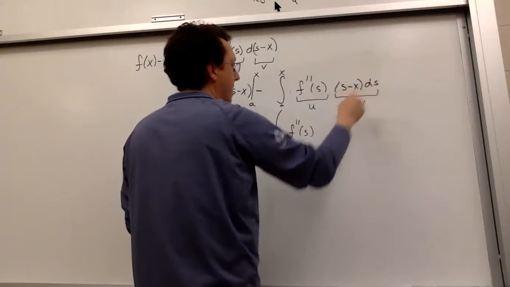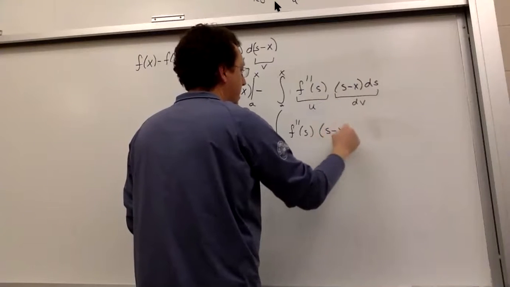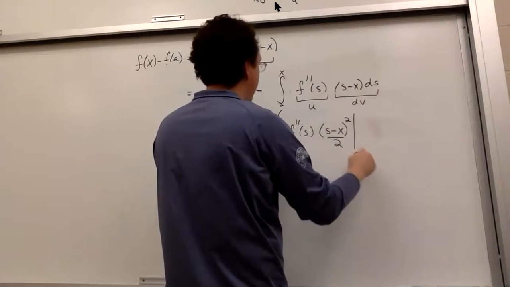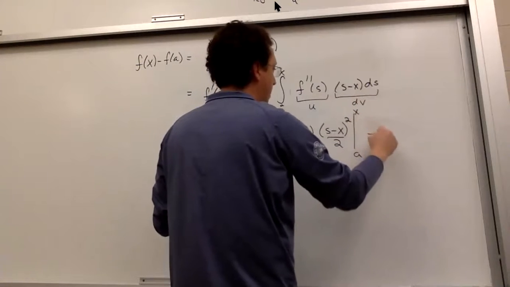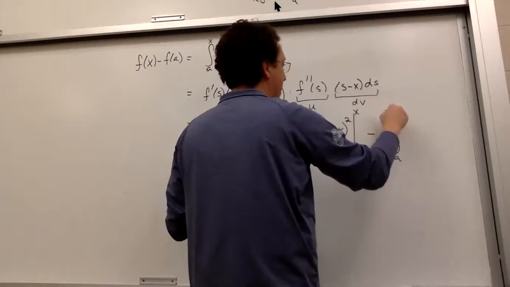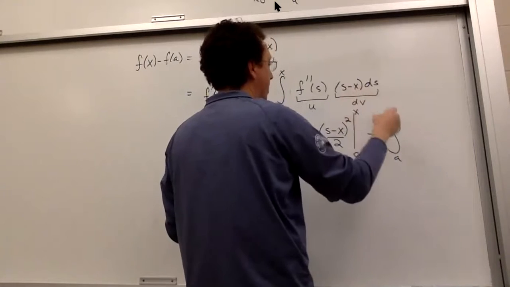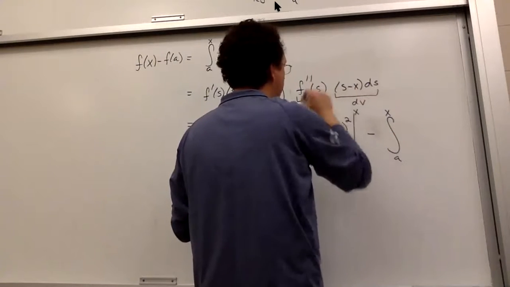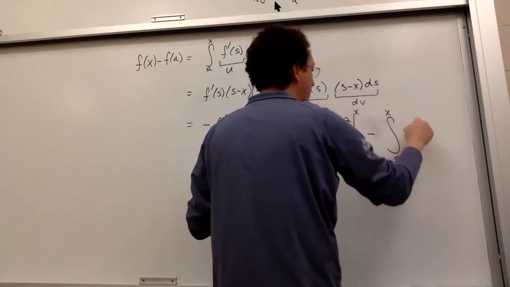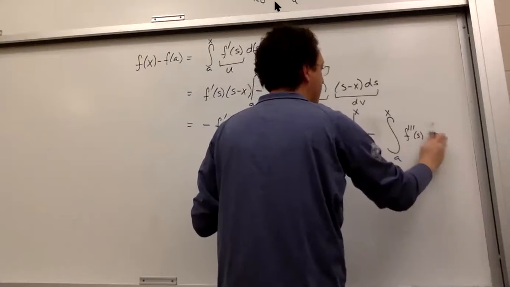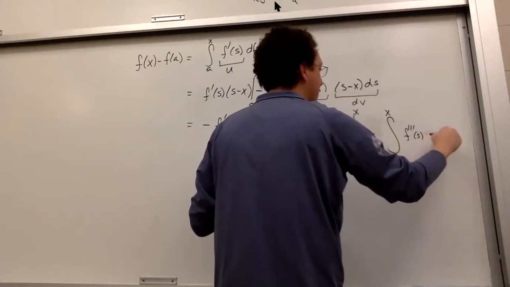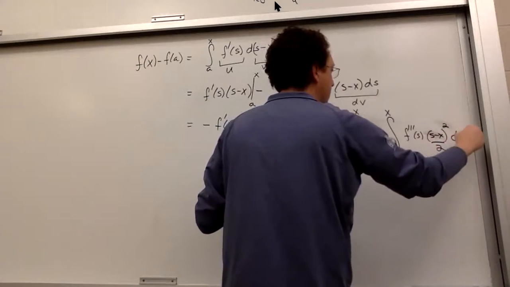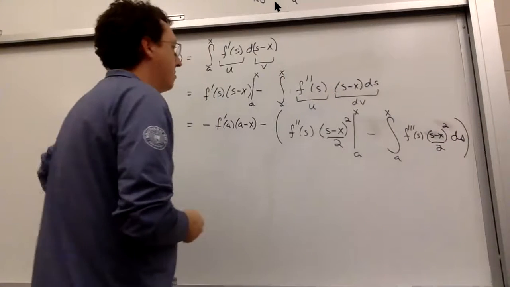Well, dv is s minus x. v is going to be s minus x squared over 2, evaluated between a and x, minus the integral from a to x of f triple prime times s minus x squared over 2 ds. Whoa, that looks god awful.